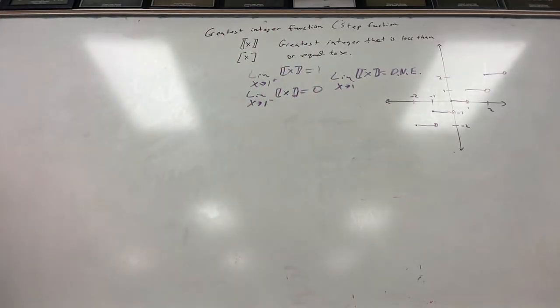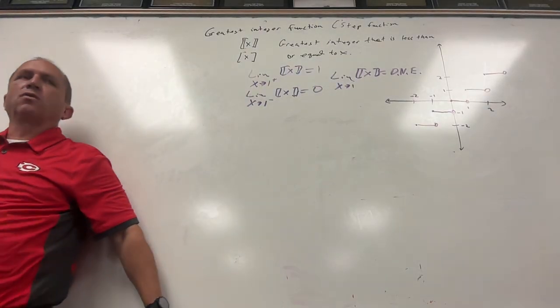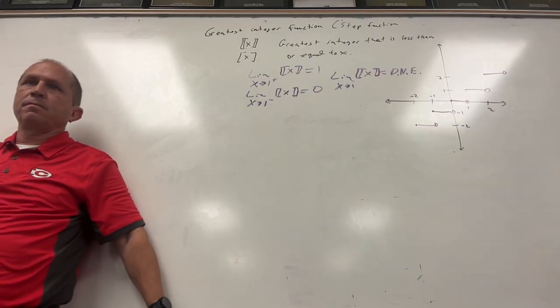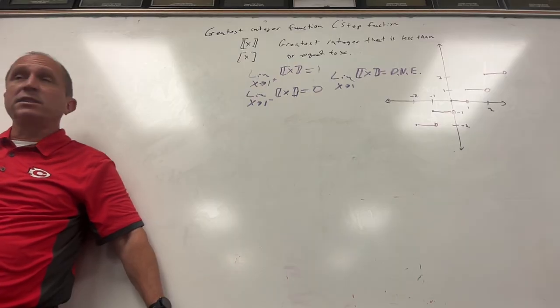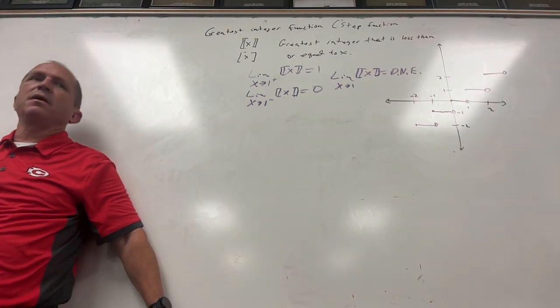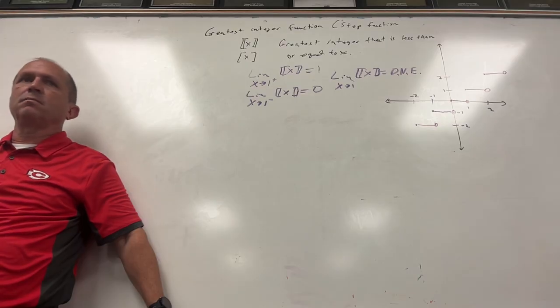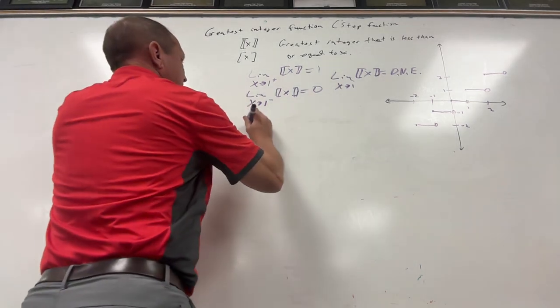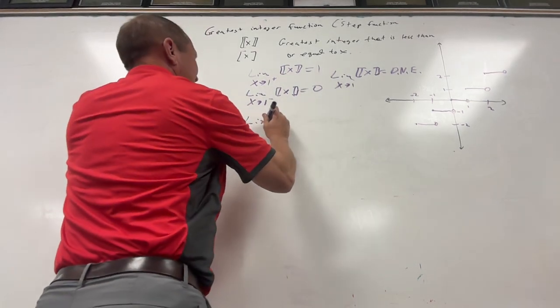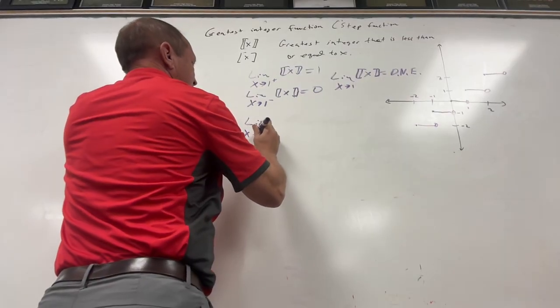Is there ever a point on the greatest integer graph where the limit does exist? Between the integers, yes. So, the limit as x approaches negative 1/2.